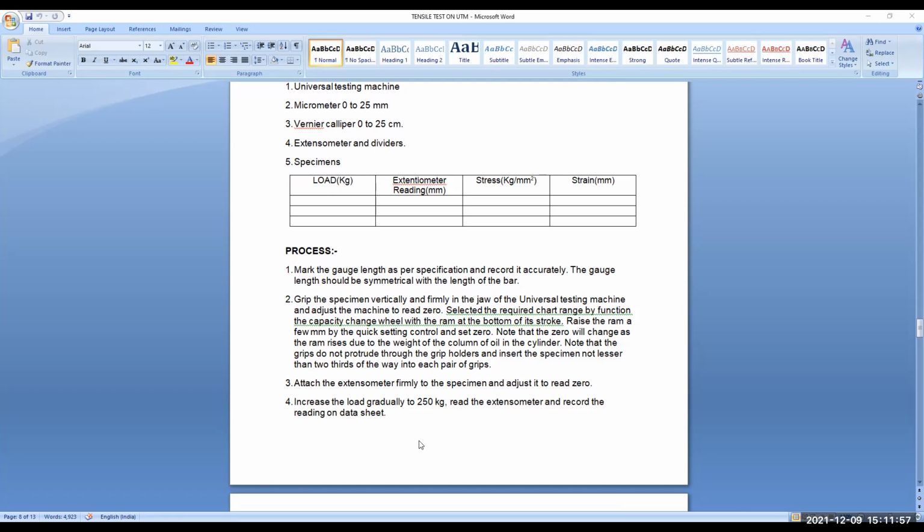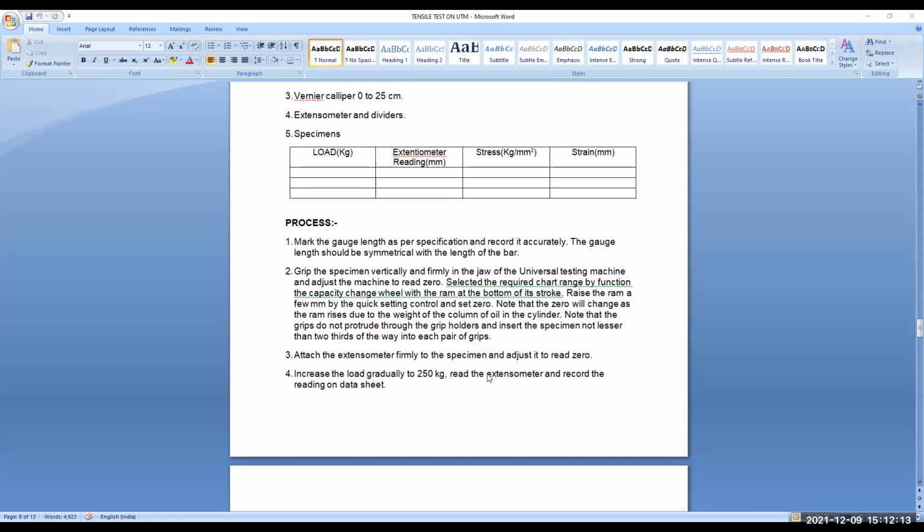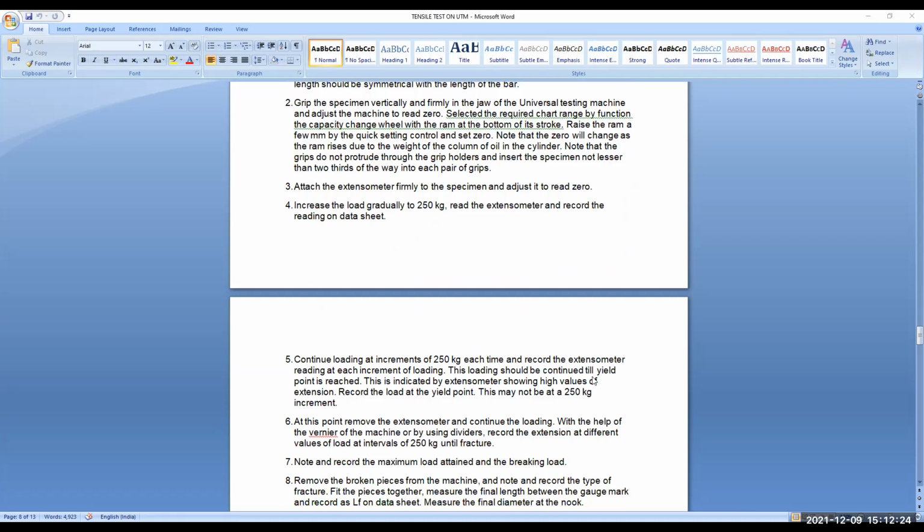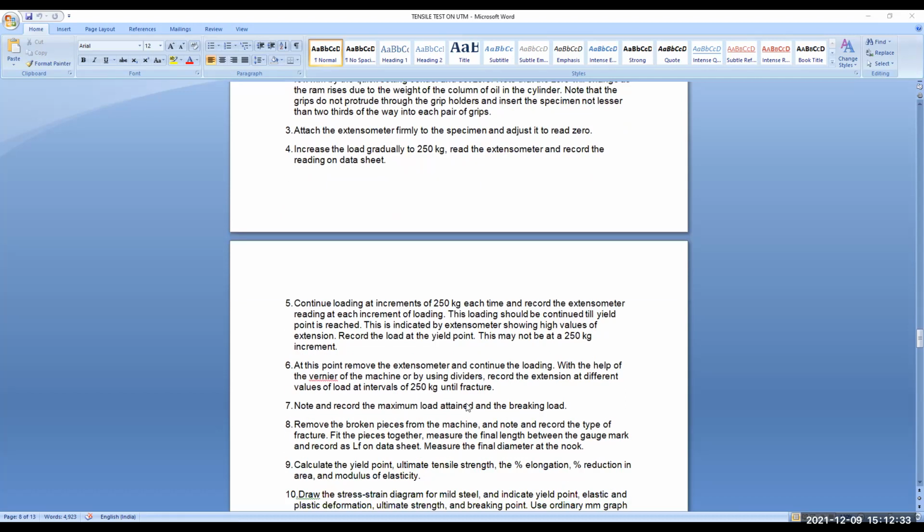What you have to do, by your own experience, is adjust the loading knob slowly but accurately, so that by looking at the unit of the machine we can know how much load is required to break it. The loading should be continued till the end point is reached. The extensometer shows values of extension; record the load at the yield point. At that point, remove the extensometer and perform the breaking.